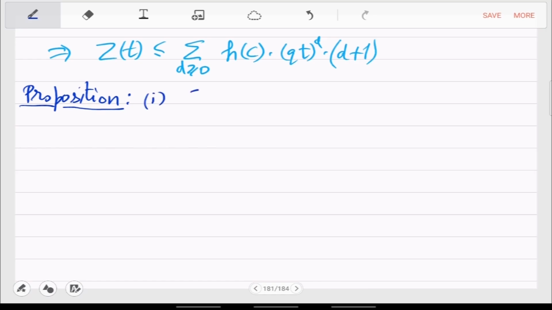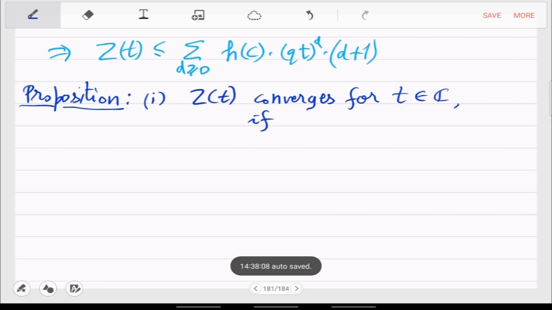Z of t converges for which complex t's? What can you say now? In this power series, if we start actually putting complex values to t, when will this infinite series converge? t less than 1 over q? Yeah. The class number is obviously a constant.